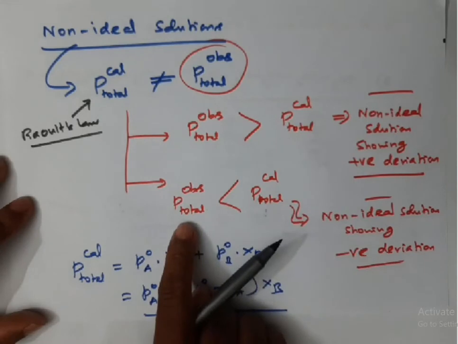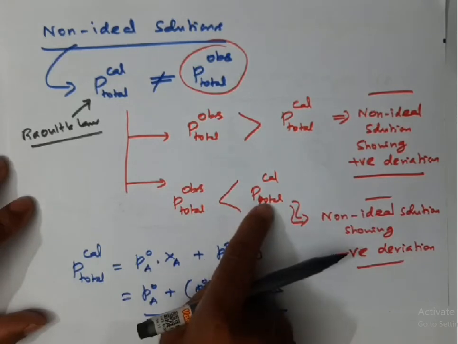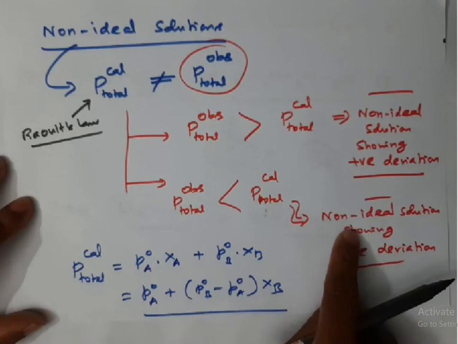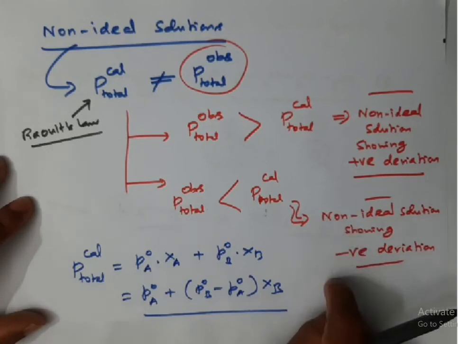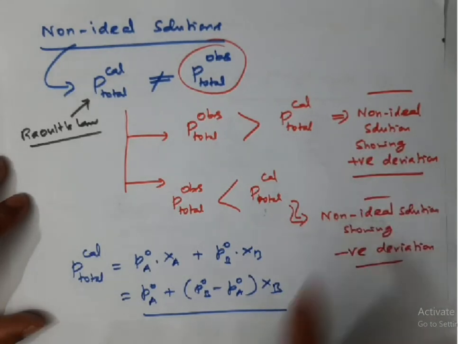If it is less than the calculated pressure, we call them non-ideal solutions showing negative deviation. So we have two types.